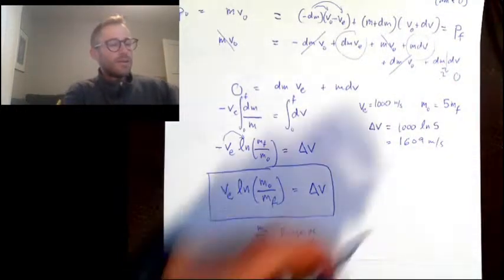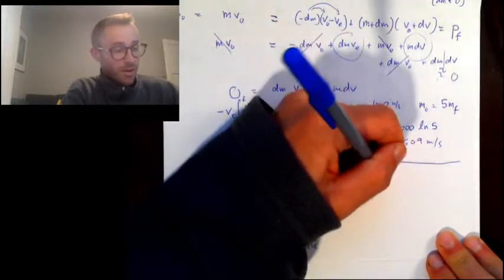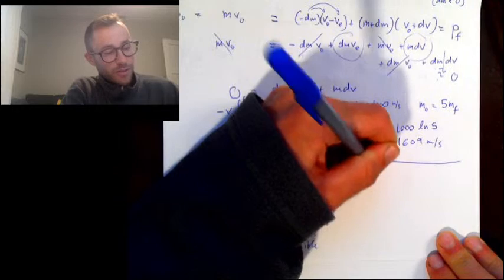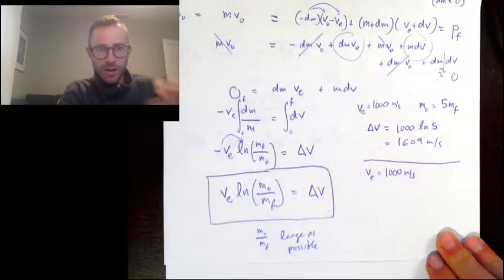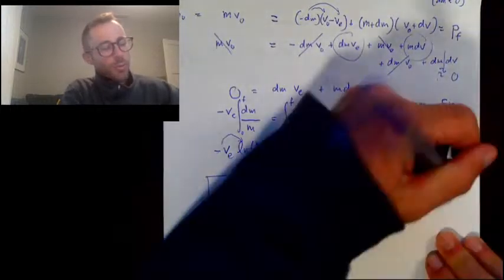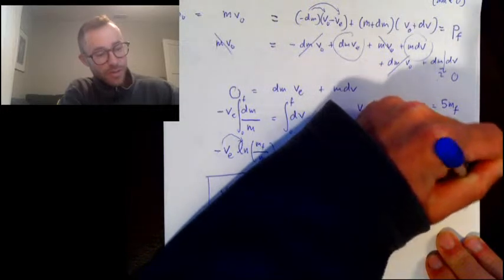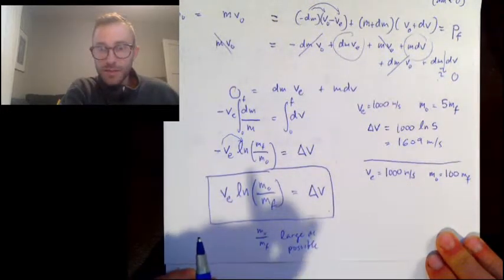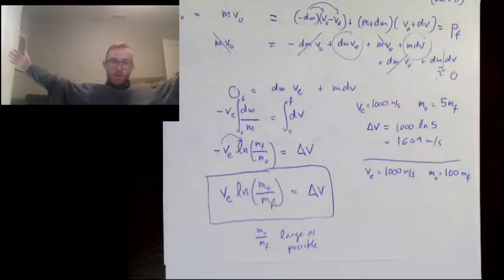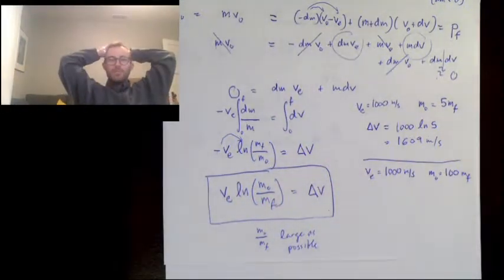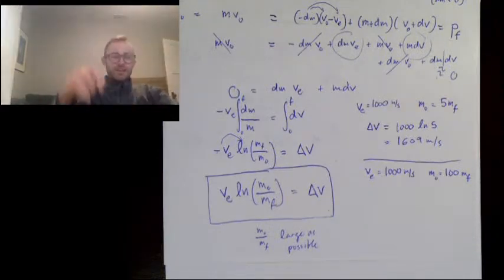But what if we made a much bigger rocket? What if the exhaust velocity is still 1,000 meters per second, so it's the same technology on the exhaust nozzle, but the initial mass is 100 times the final mass? That's much bigger, like adding way more fuel than you had in the first case.